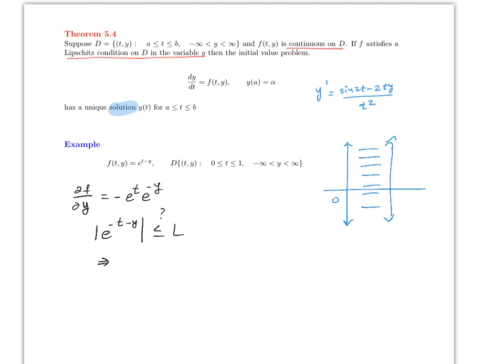So therefore that means that f of t, y does not satisfy the Lipschitz condition.